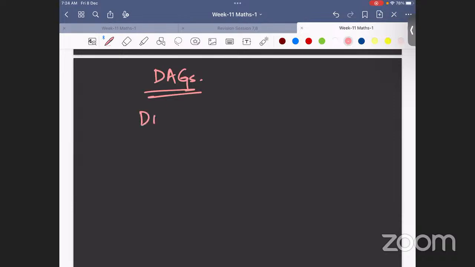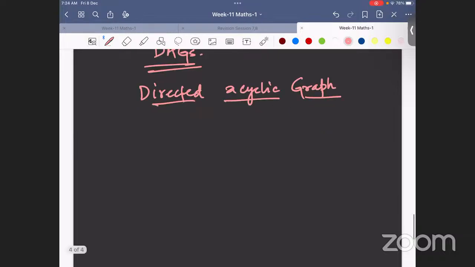Yeah, the full form itself is directed acyclic graph. So acyclic means what? Will not have a cycle.